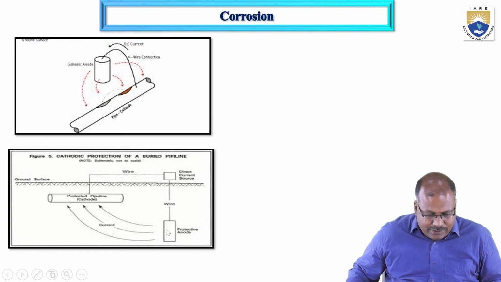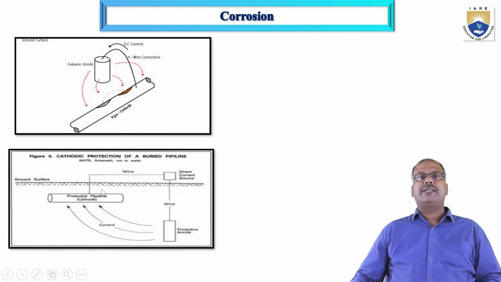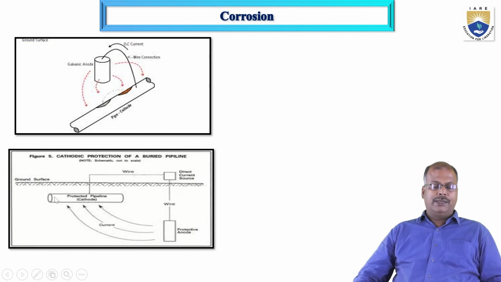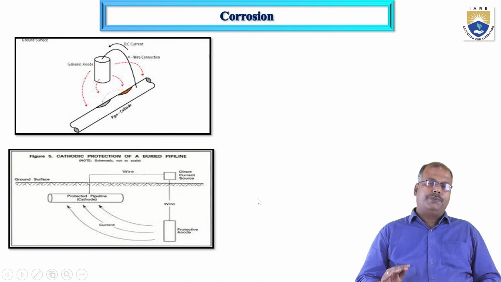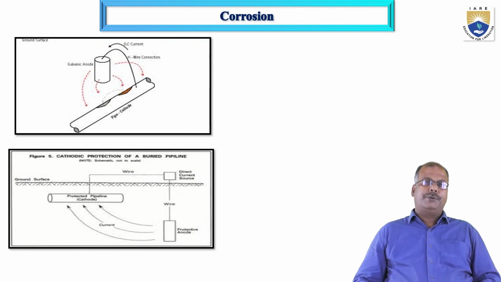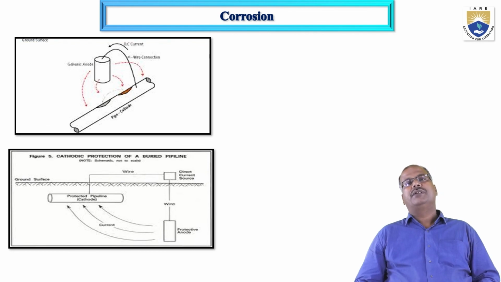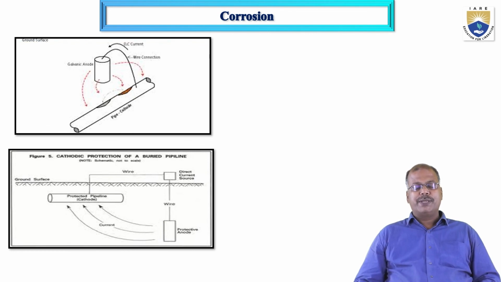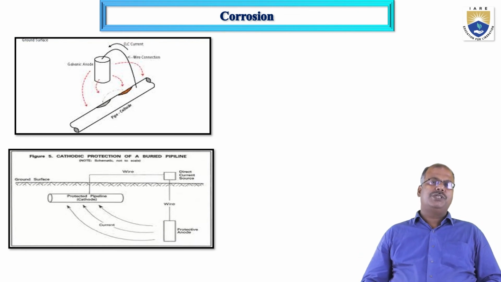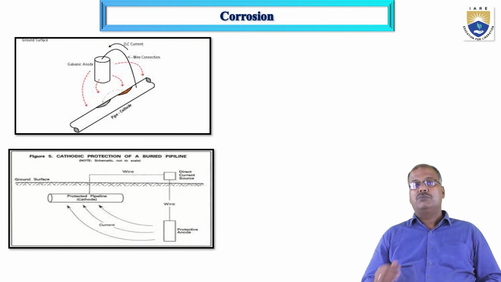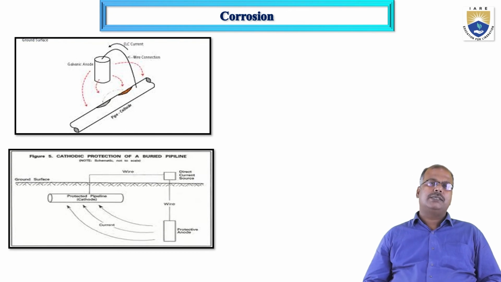So by this impressed current method, we make the part which has to be protected a cathode. Thereby we are protecting the metal by cathodic protection. In the impressed current method, we are applying current opposite to the corrosion current, or more impressed current compared to the corrosion current.